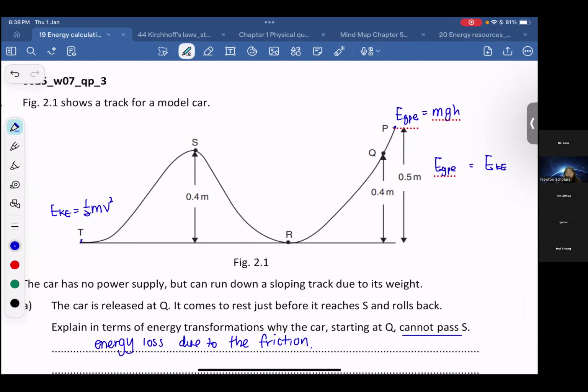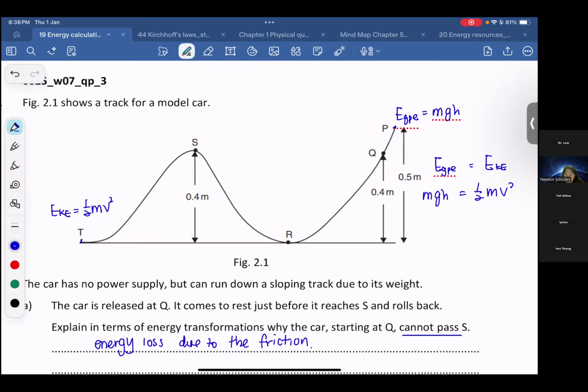If we do not ignore the friction, let's say they told you the friction is 10 joule, then you have to subtract this 10 joule from the GPE, and only the rest of the energy goes to kinetic energy. But here they didn't tell you, they just ask you to ignore it. So mgh equals 1/2 mv squared.